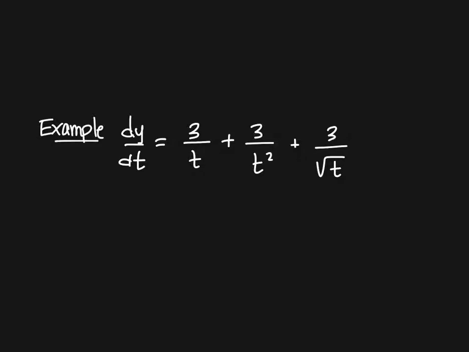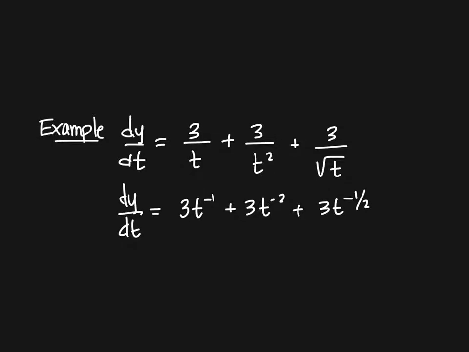Each of those has a particular rule, each piece. And so if I were you, again, I'm just going to encourage you, think of these in terms of their rational equivalents. So 3t to the negative 1 plus 3t to the negative 2 plus 3t to the negative 1/2.